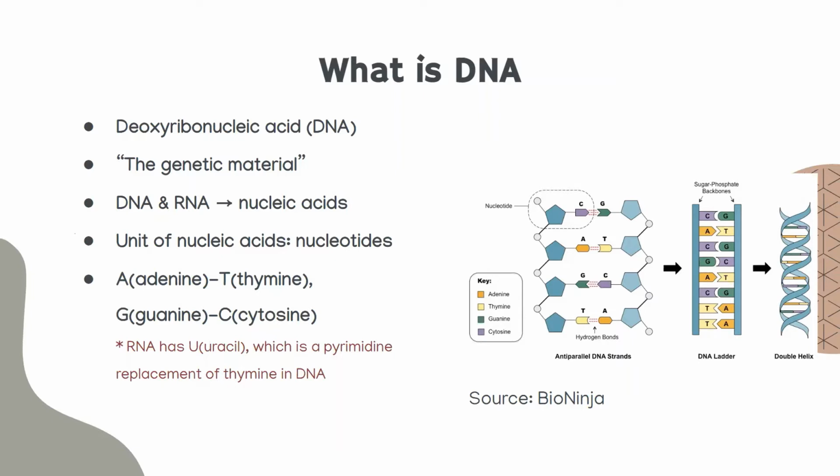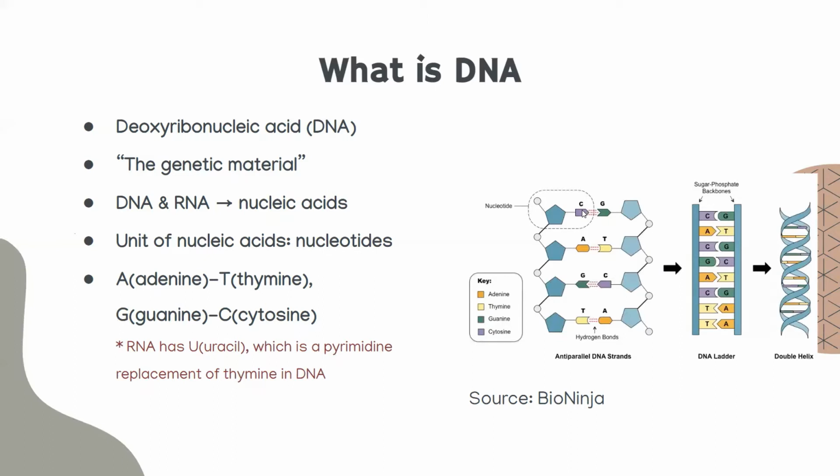But the thing is, DNA and RNA are part of nucleic acids, and nucleic acids are what the genetic material is. So DNA and RNA are both genetic materials, and these are both nucleic acids. The unit of nucleic acids is the nucleotide. As you can see in this diagram on the right, this one unit is a nucleotide.